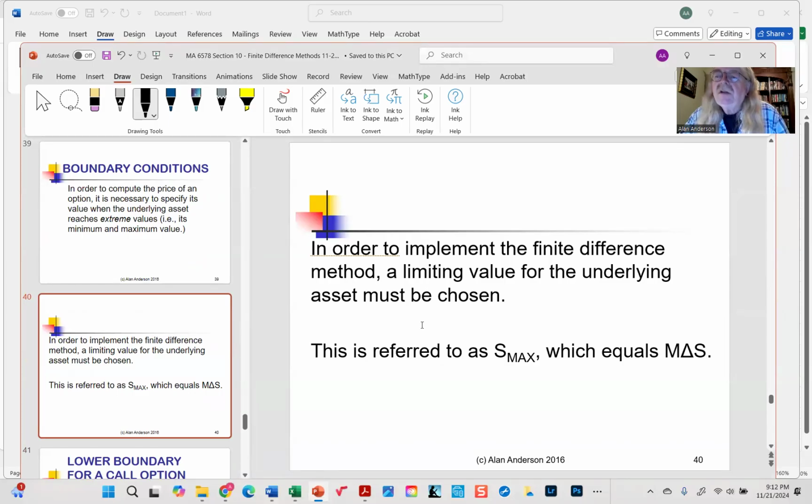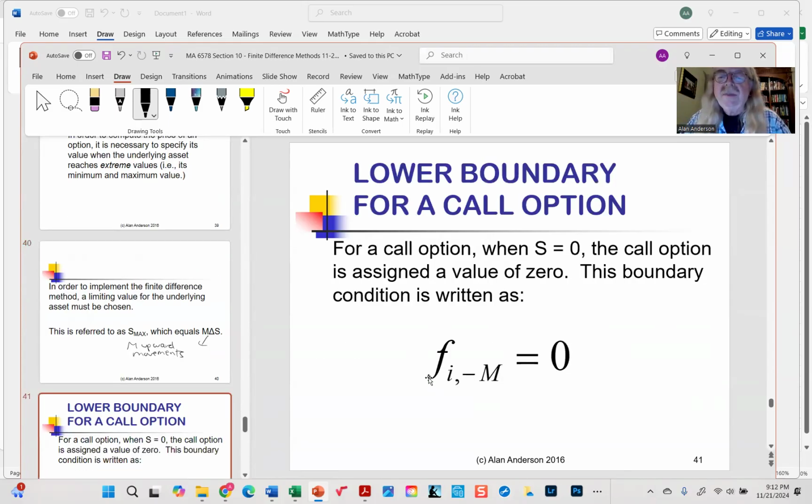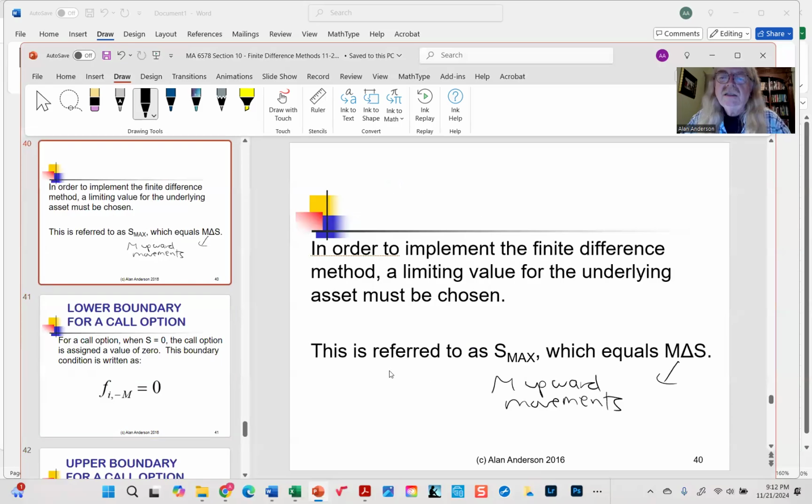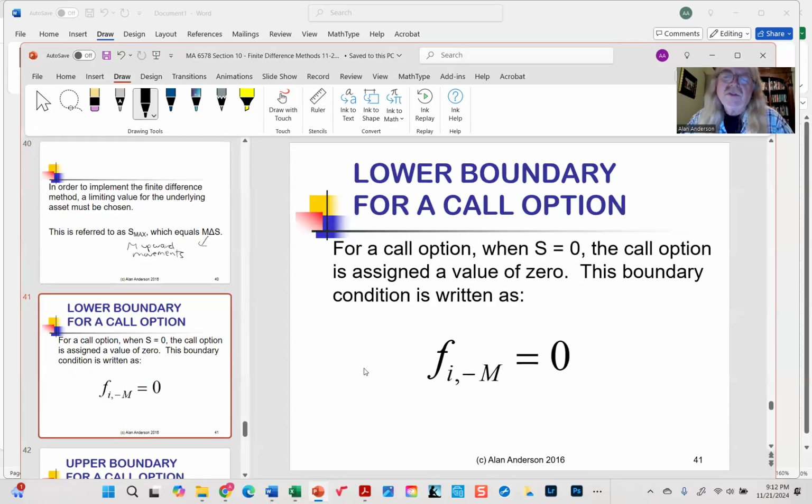Whatever is the highest value we believe the stock price can reach over this time frame, we'll call this S max, which equals the maximum M times delta S. In other words, M upward movements. Then of course we'll have S min, which is 0.